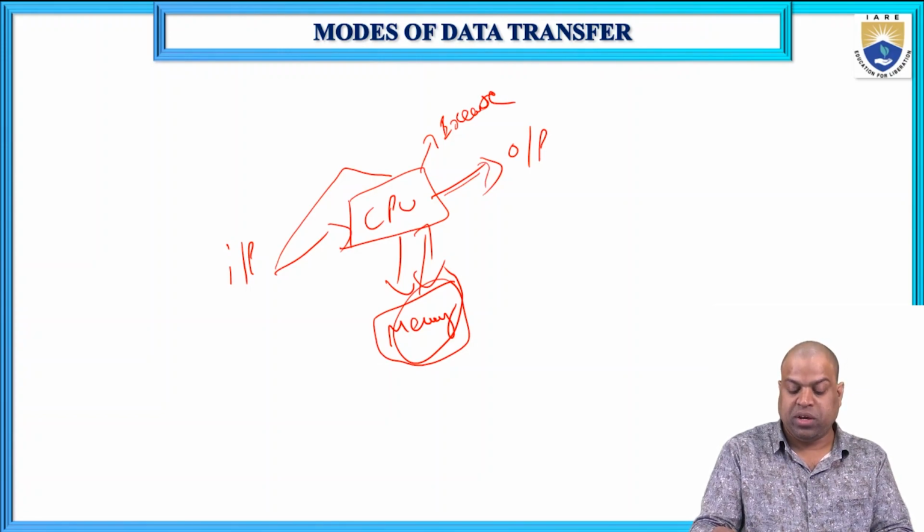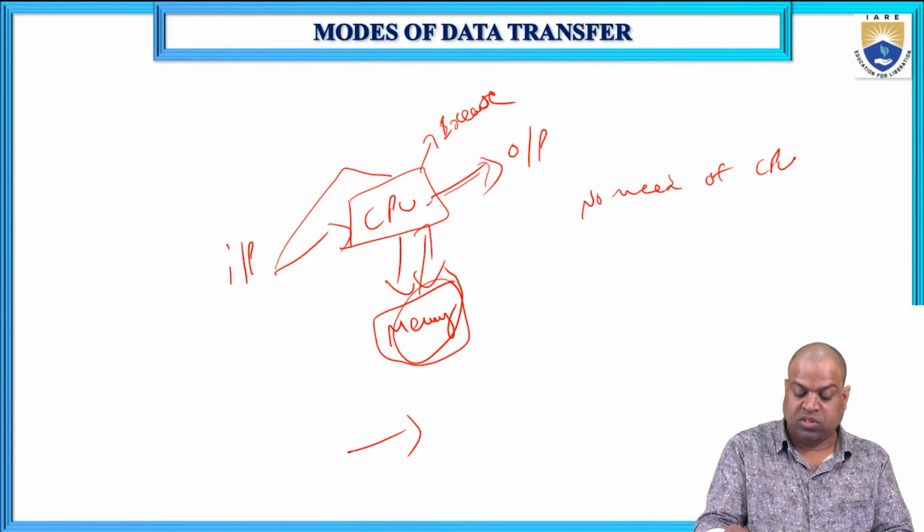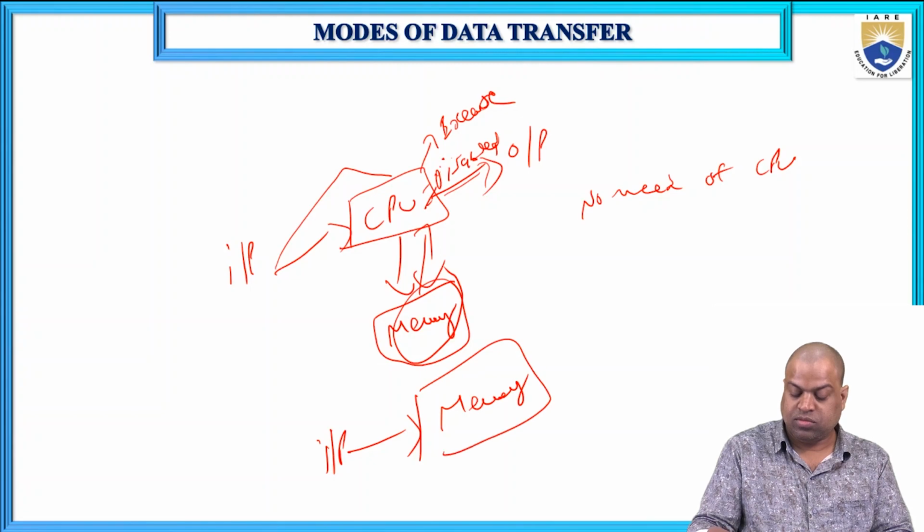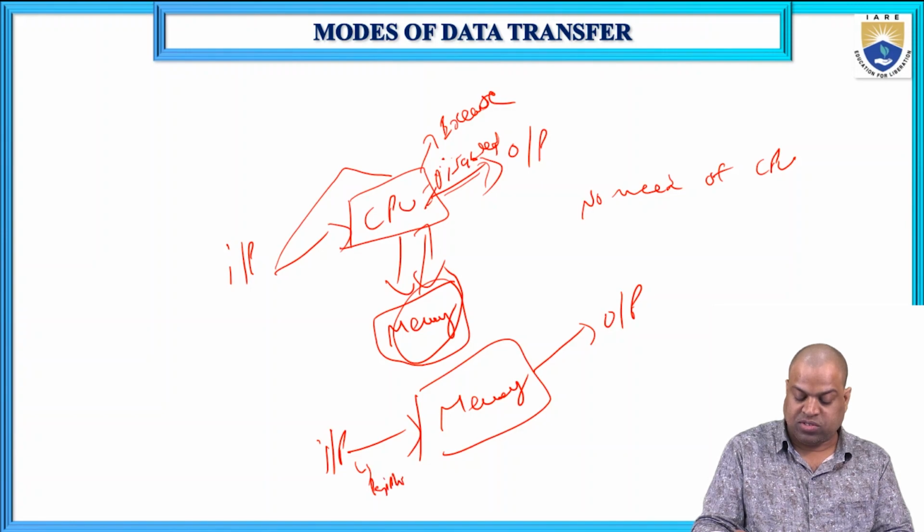But in the DMA, there is no need of the CPU. That means we disable the CPU. The CPU is disabled. That means input is directly connected to the memory, directly connected to the output. So these inputs and outputs are called peripherals.